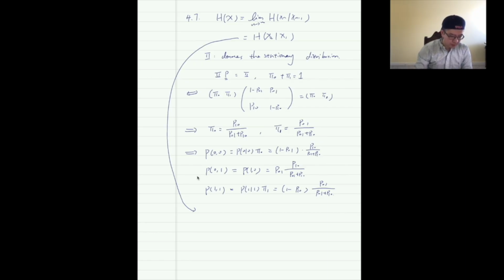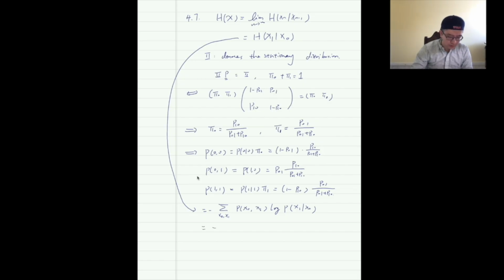So this equals a sum over all the x0 and x1 of p(x0, x1) log p(x1 given x0). Now we just plug everything in here.